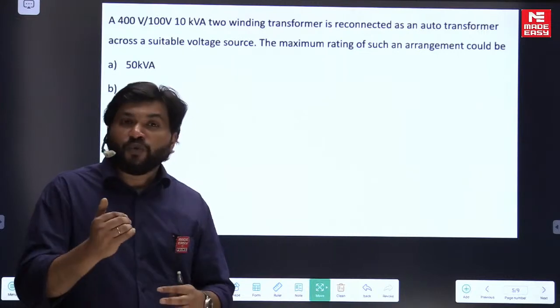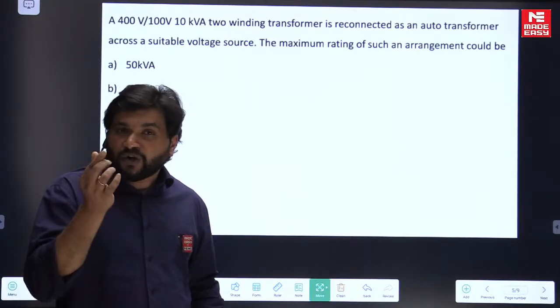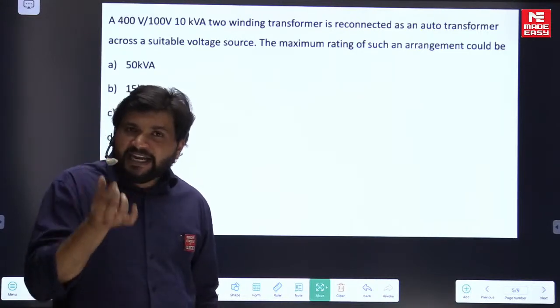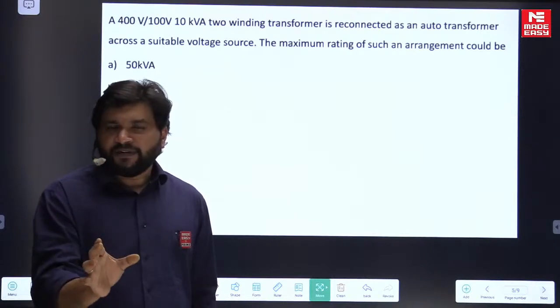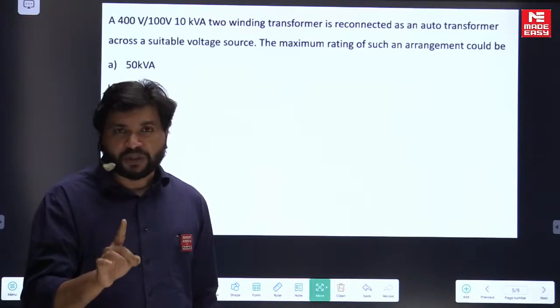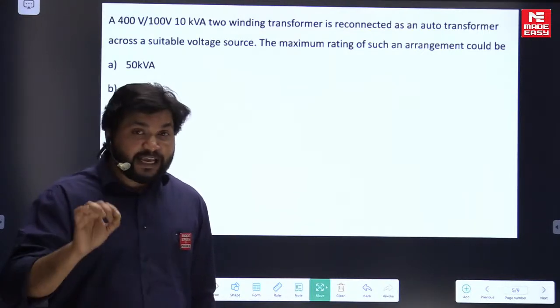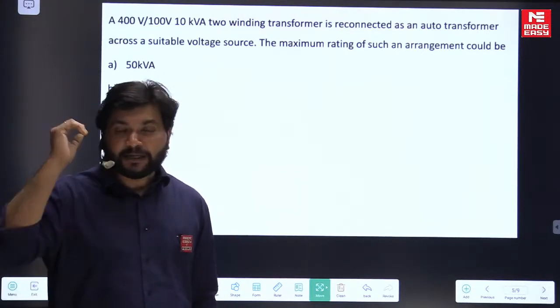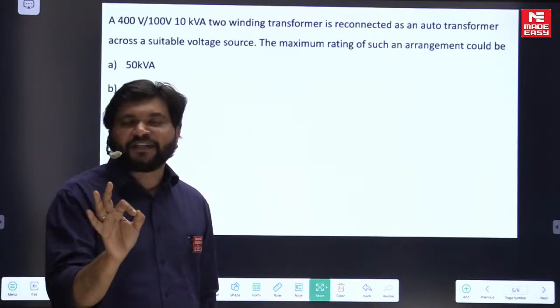You can't violate the voltage, as insulation issues will come. You can't violate the current, because the winding cross sectional area is already designed for a particular current rating. So for the same voltage rating and the same current rating, you will notice one thing: the auto transformer power rating is not at all the same as the two winding transformer rating. A significant difference will come.